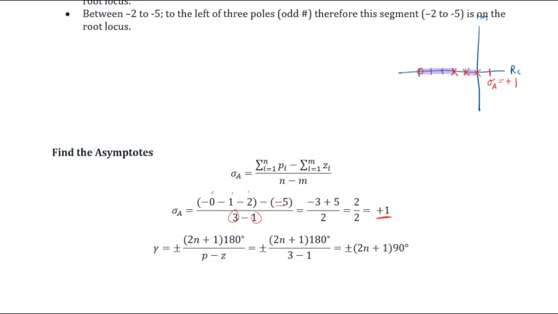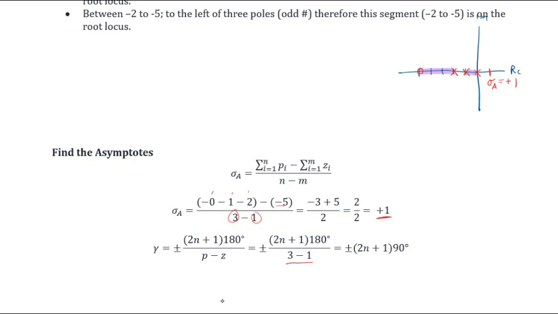So the next thing we do is find the angle of the asymptote with gamma. We're using this formula here, plus or minus 2n plus 1 times 180 over the number of poles minus the number of zeros, so over 3 minus 2. That's going to be equal to 2.